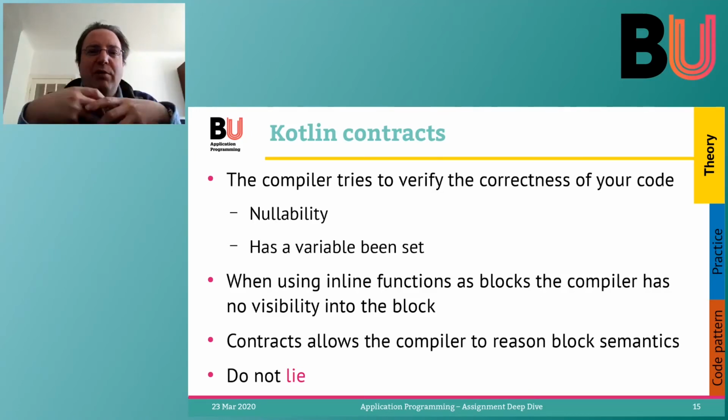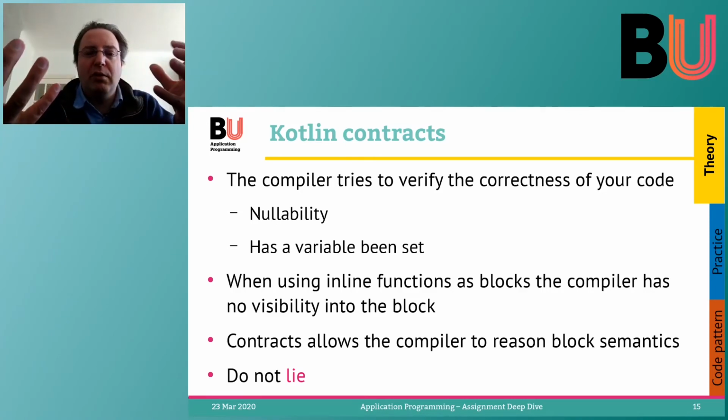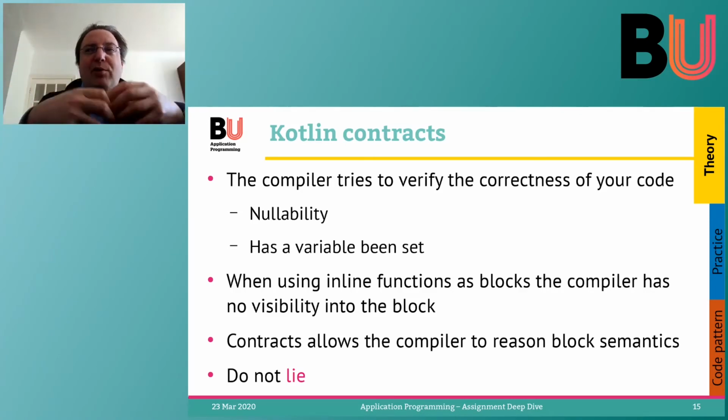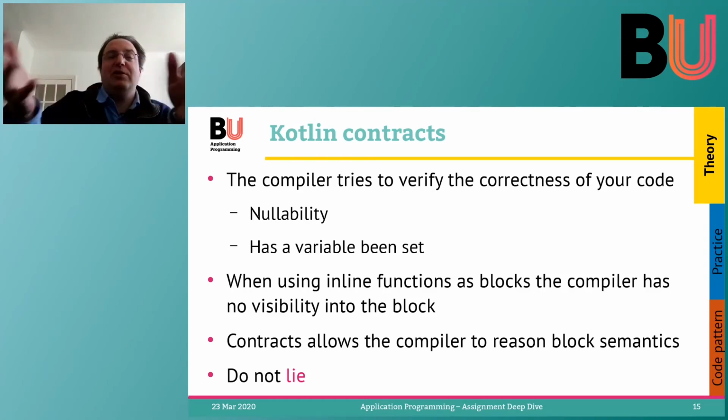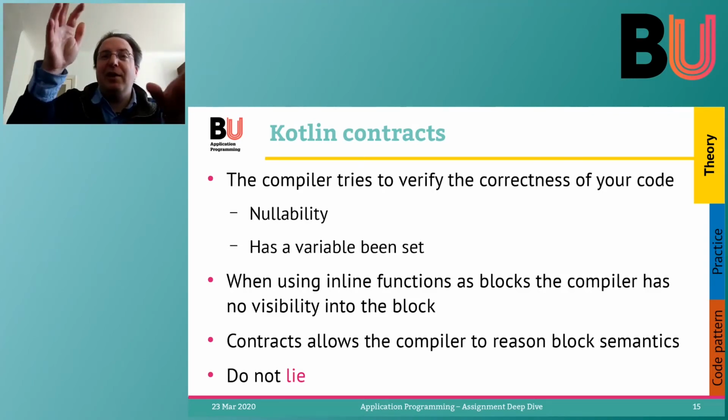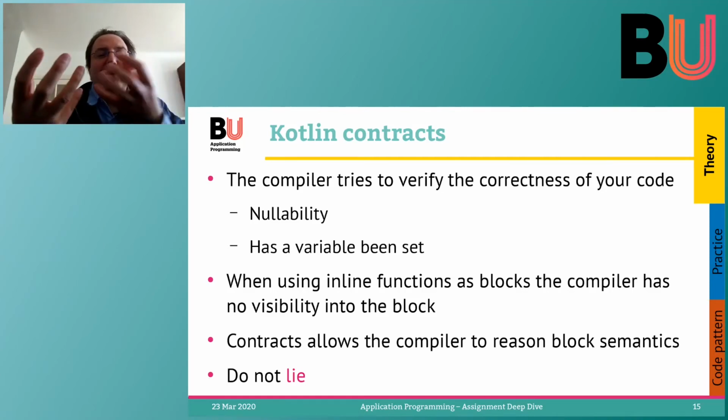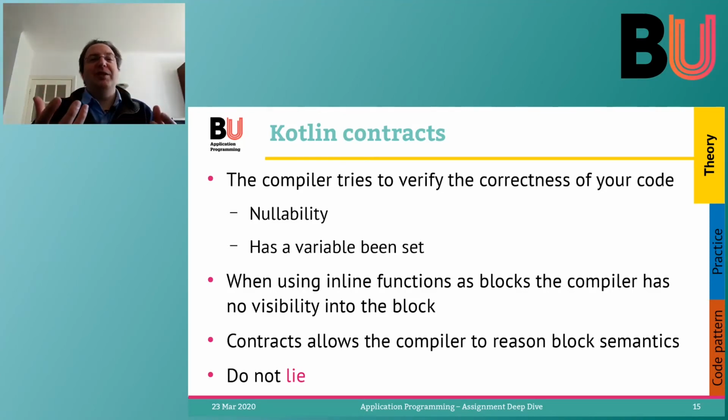So if you say you have a run block or an apply block, that will always be run exactly once, the compiler doesn't know that. So if you initialize a value inside such an inline block, there's a little bit of inlining going on, but the compiler doesn't know that the value has actually been set there. The contracts are basically there to help that work correctly.